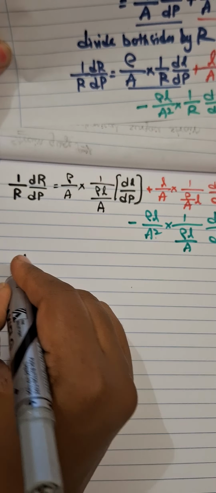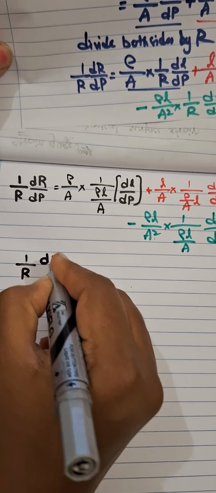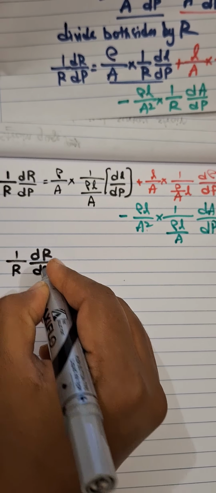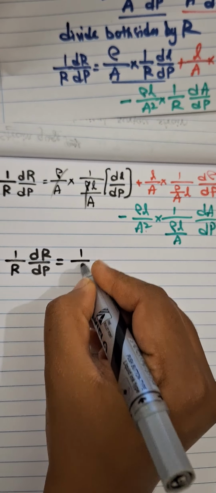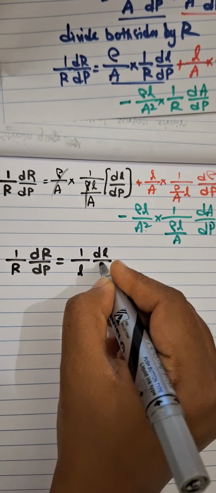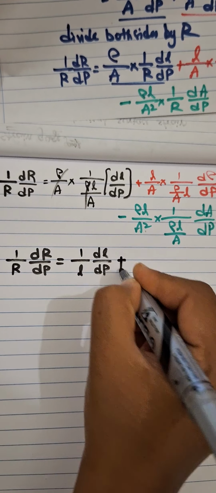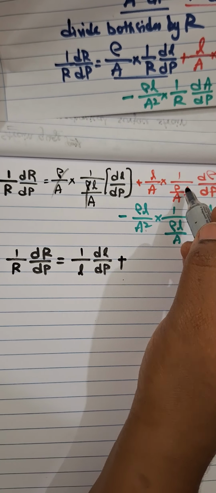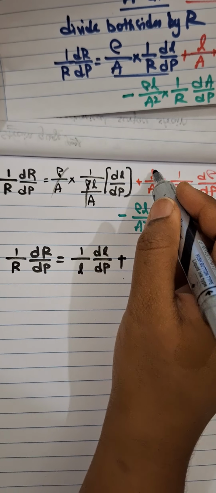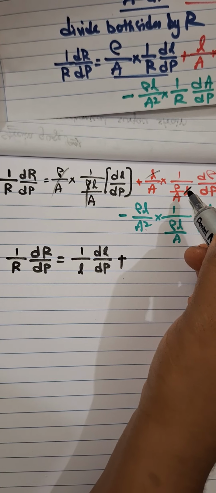So now the equation is 1 by r dr by dp is equal to rho by A cancel, means 1 by L dl by dp, plus, okay, so this is 1 by L, right? So 1 by L means L cancel.